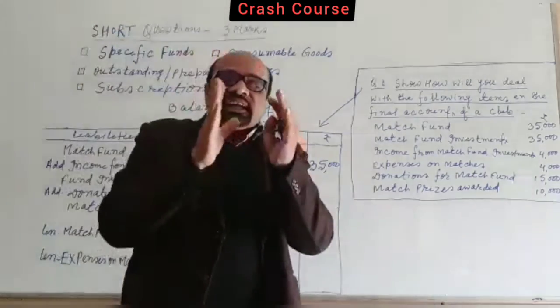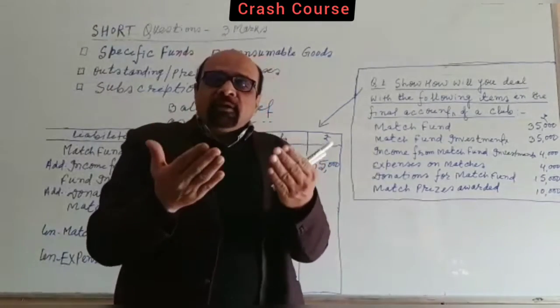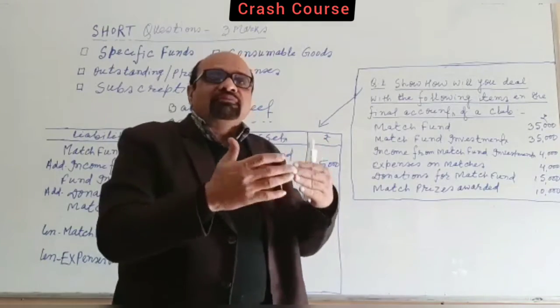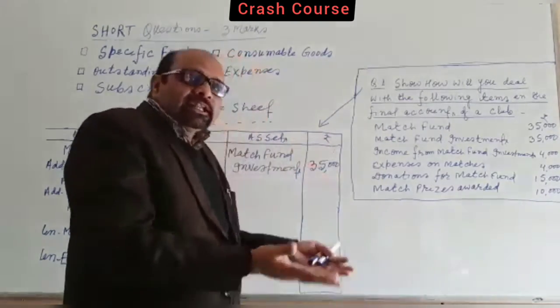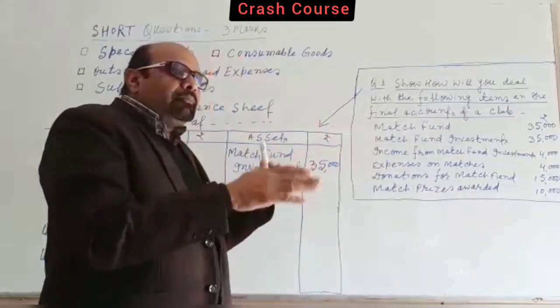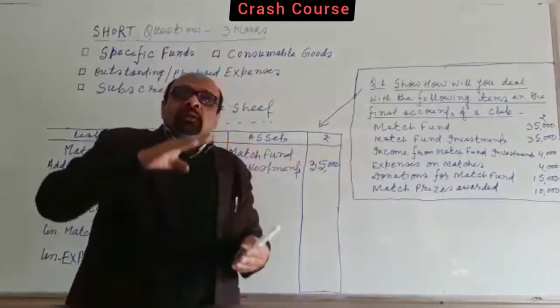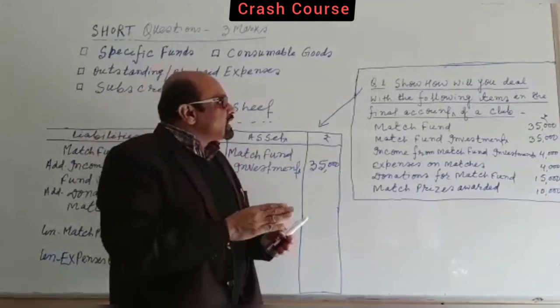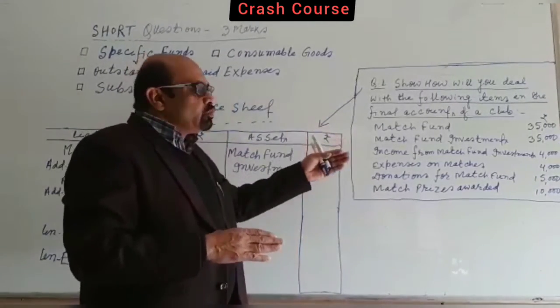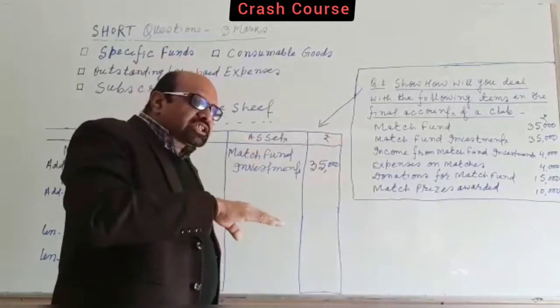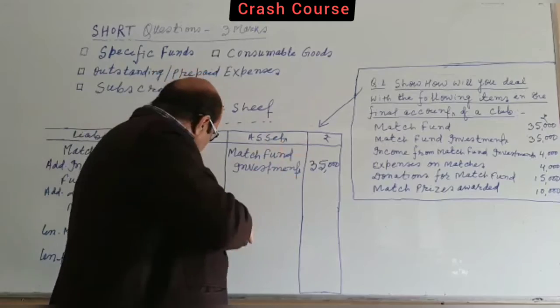That means for a specific purpose, whatever may be the income we receive, we add it, because after addition, the fund increases. And whatever expenses were incurred related with the specific fund, that means related with the match fund, all expenses which are related with match should be deducted from there.